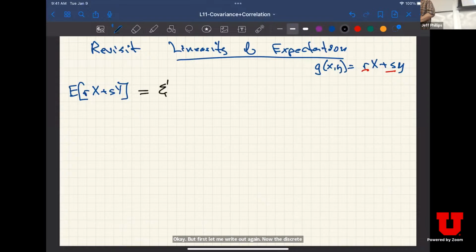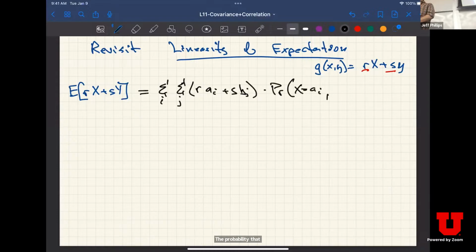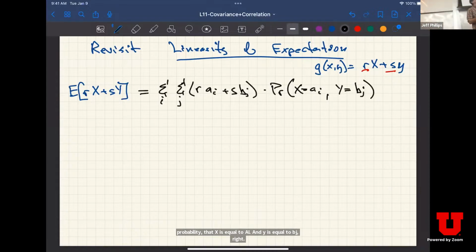We're going to iterate over all values of X and all values of Y, indexed by i and j. So this will be R times the value a_i plus S times the value b_j, times the probability that X is equal to a_i and Y is equal to b_j. So this is a joint probability; assume I have access to the joint probability.